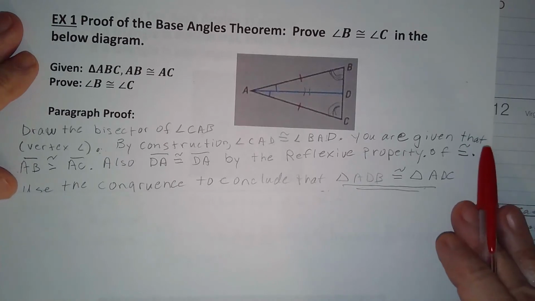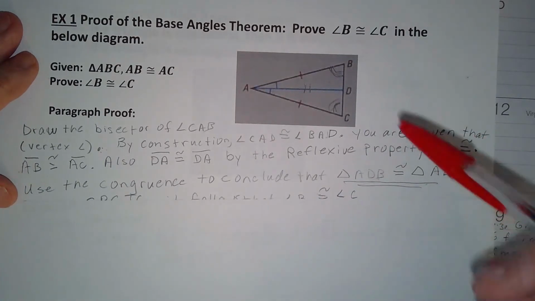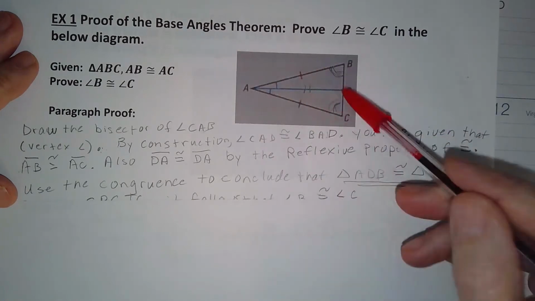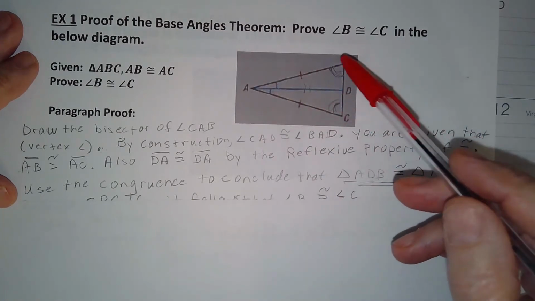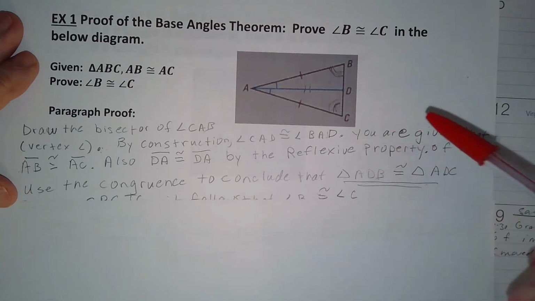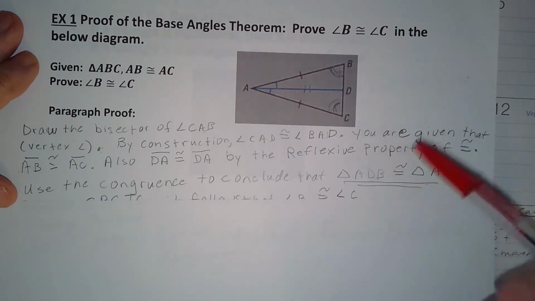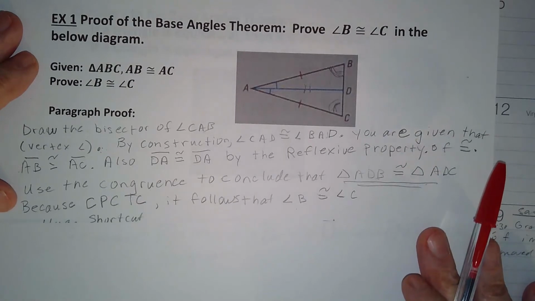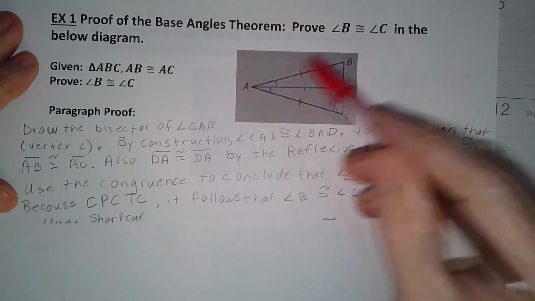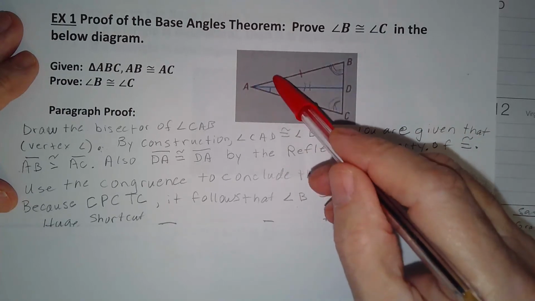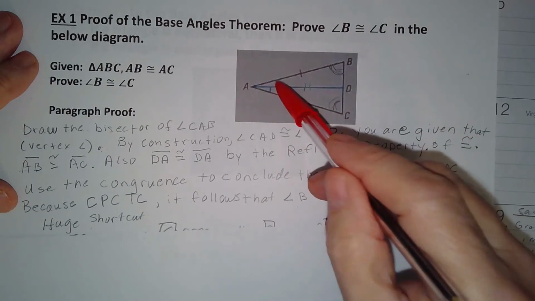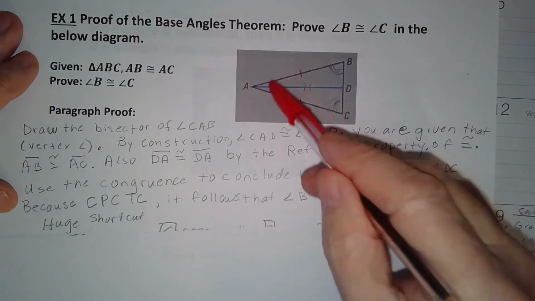And so then we can use this congruence to conclude that the 2 triangles are congruent. Why? Because we have side angle side, side angle side. I've got a side here, AB, this part of the vertical angle, which is angle BAD, this little one up here, and this side, and they're all congruent.